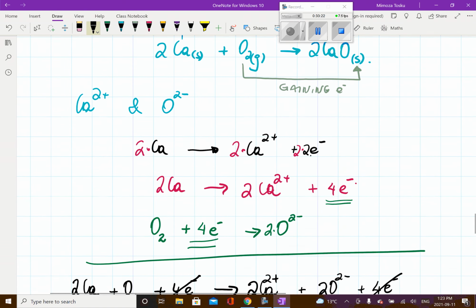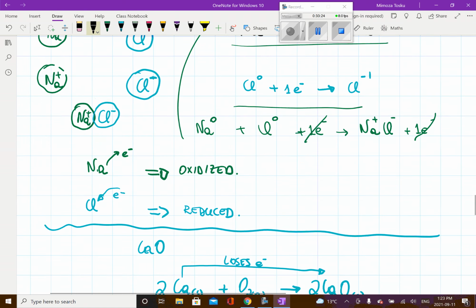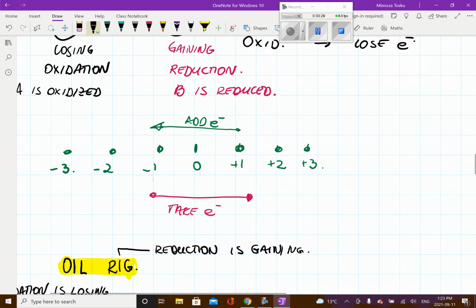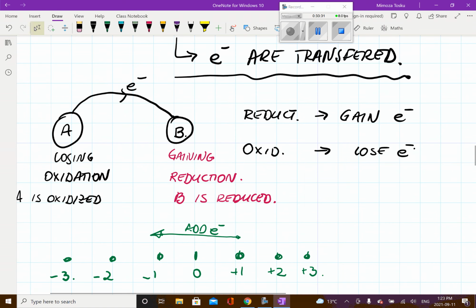So first of all, we need to know which one is called the oxidation or oxidized compound and what is happening with it. During the oxidation, the compound or the element is losing electrons versus the reduction is gaining electrons.